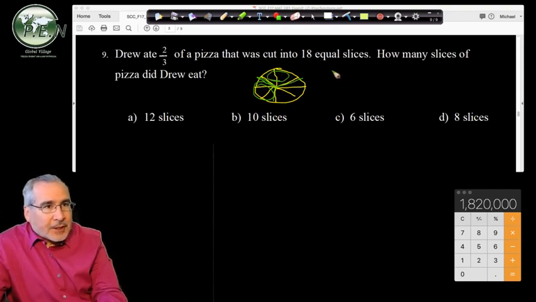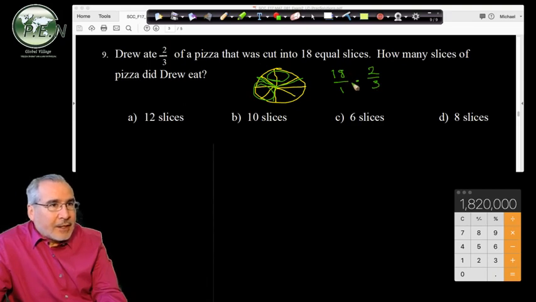So this really breaks down into being a multiplication problem. How many of the 18 pieces would be contained in a third, and then we multiply it by 2. So we're dividing the 18 into 3 groups. This is the way to think of this.